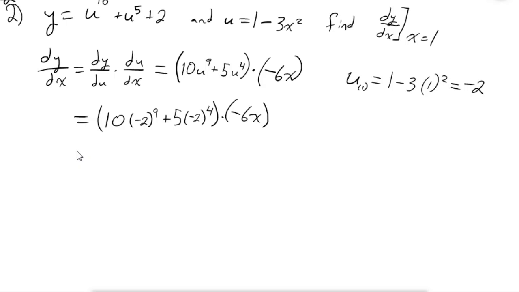So, putting that in your calculator, unless you're feeling rather clever. 10 multiplied by negative 2 to the power of 9 is going to give me the value of negative 5,120 plus, I'll just do separate brackets here, 5 times negative 2 to the power of 4. That one's not so bad, so 5 times 16, which is going to give me 80, all multiplied by negative 6x.